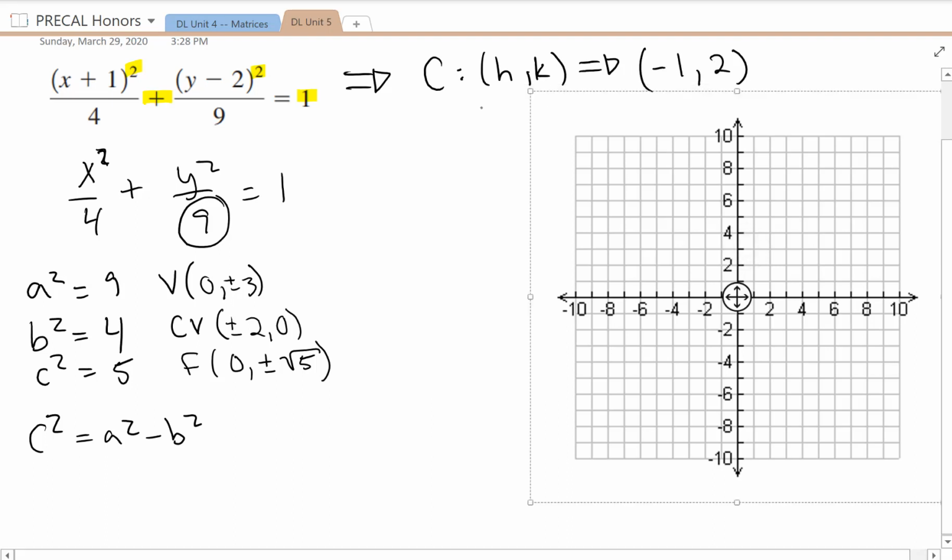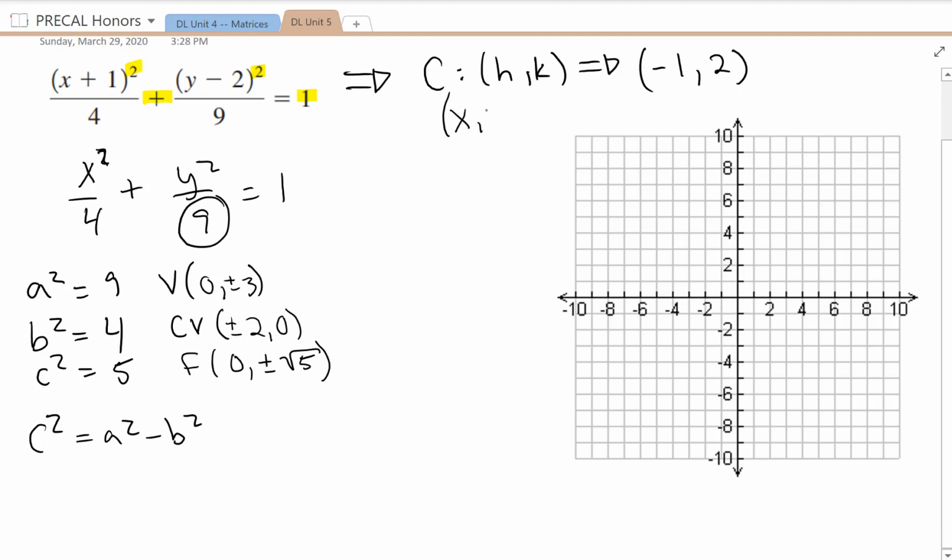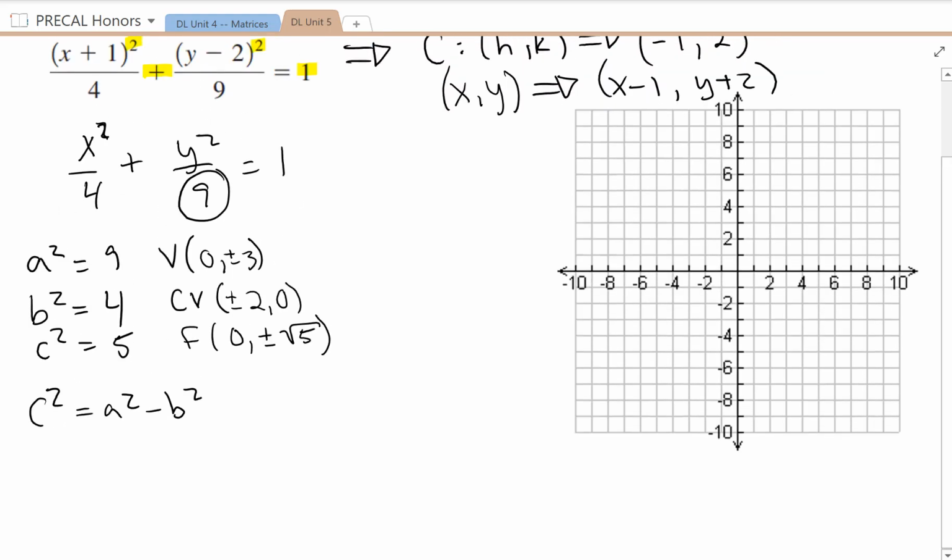So what is happening to all the x, y values of our base ellipse? Well, each x will subtract 1, and each y will add 2. So we're going to actually show those transformations, starting off with the vertices.